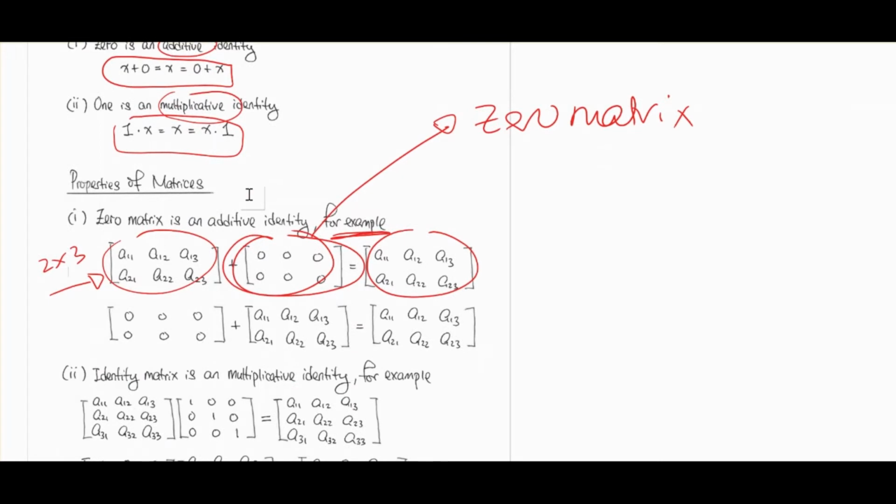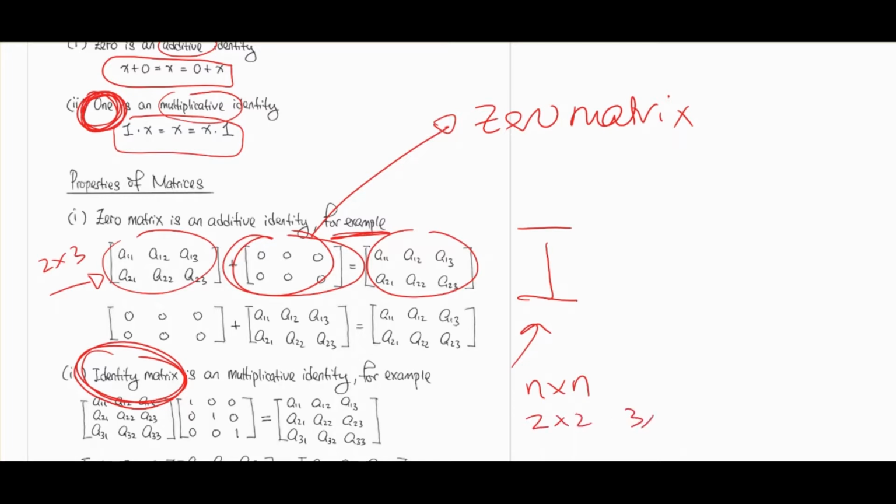And the corresponding concept for the number 1 in matrices is what we call the identity matrix. The identity matrix is written as I and is a square matrix. So this one is a little bit different. A 0 matrix can be of any size, but an identity matrix has to be a square matrix, so n by n, like say 2 by 2, 3 by 3, and so on and so forth.